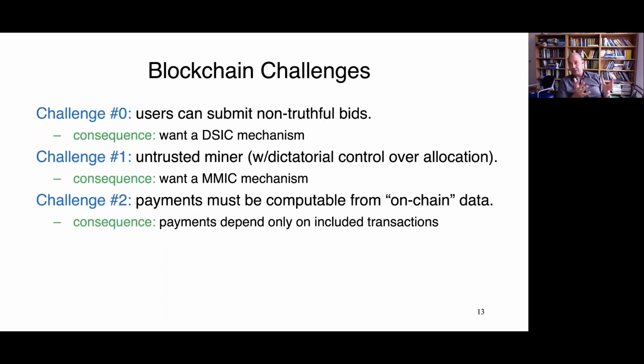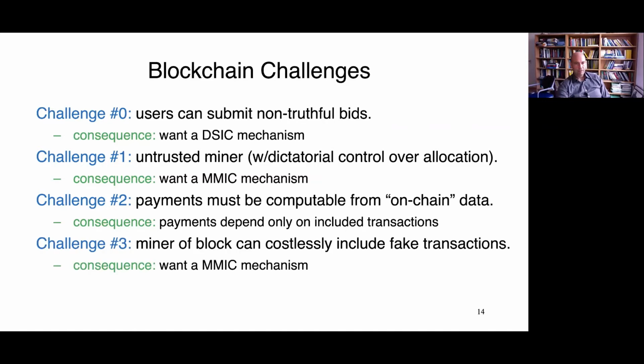They're the ones that get executed, they're the ones that get included in a block, and you have no idea how many other transactions wanted to get into that block, and you have no idea what they were willing to pay, or at least much later on, you have no idea what it was. It's not recorded for posterity. So we're going to be looking at payment rules that are functions only of winning bids, independent of losing bids.